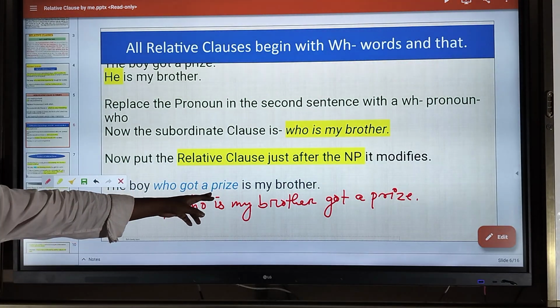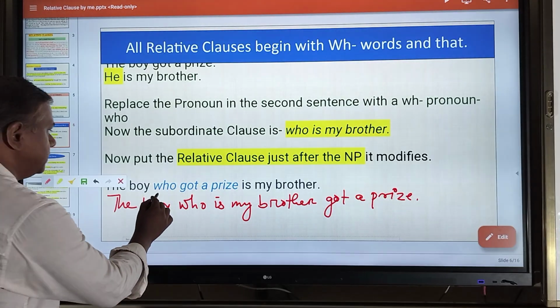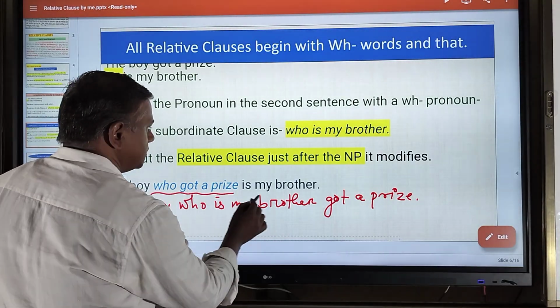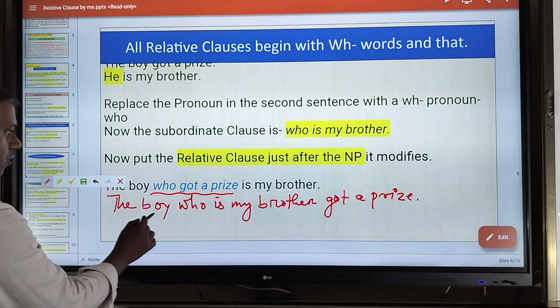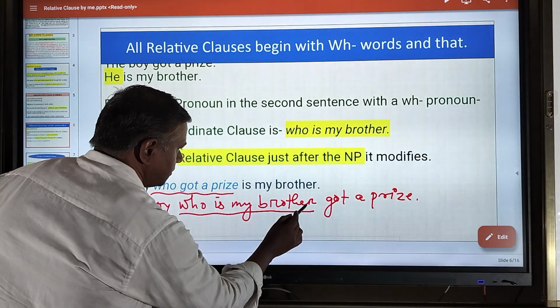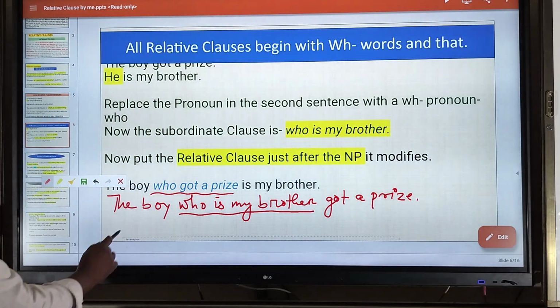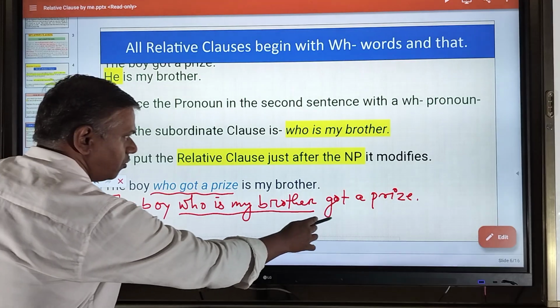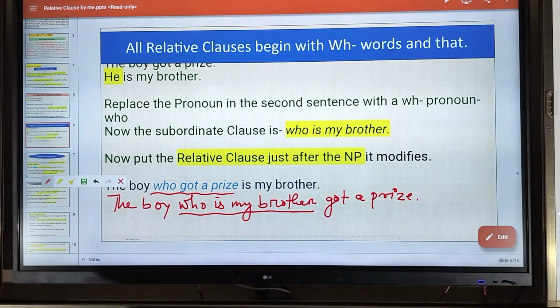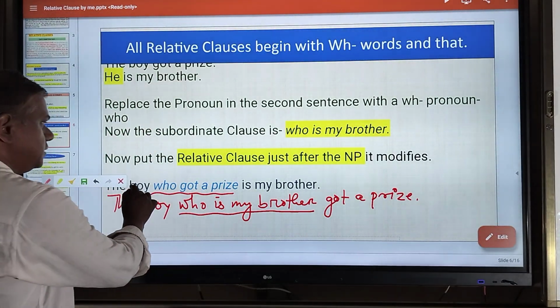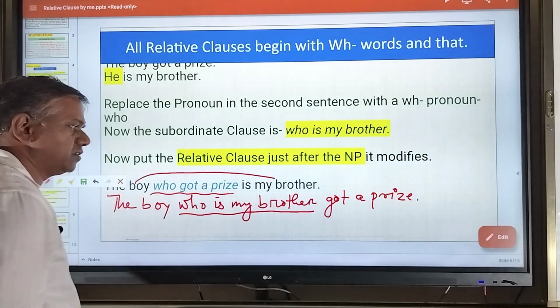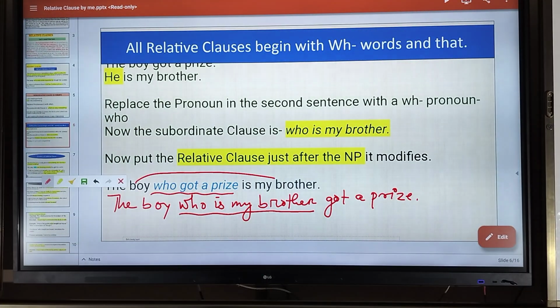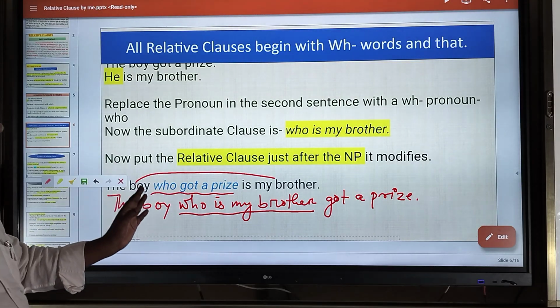The boy who got a prize is the subordinate one, is my brother. But here the boy who is my brother, this is the subordinate one, and the main clause is the boy got a prize. Understood? Here the boy is my brother is the main clause, and this one is the subordinate clause. Understood? It is the easy one, not a difficult thing.